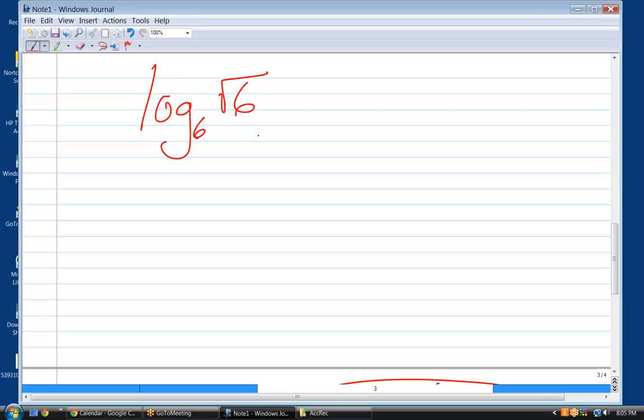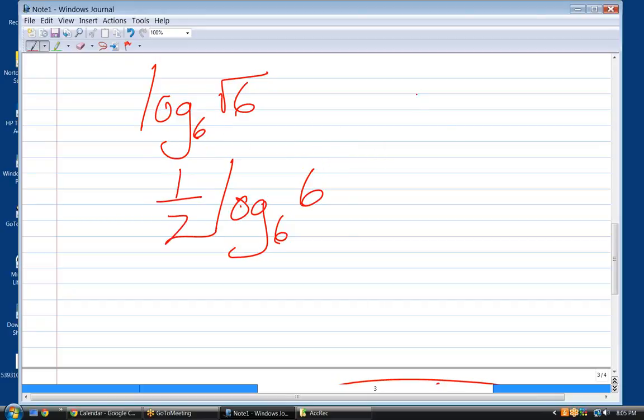The way to handle radicals is always to start by using exponents instead. I'm going to write it like that. And now I can bring that 1/2 down in front.